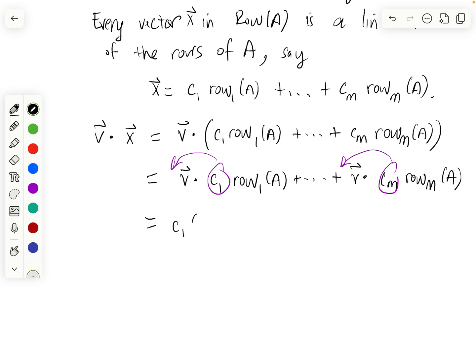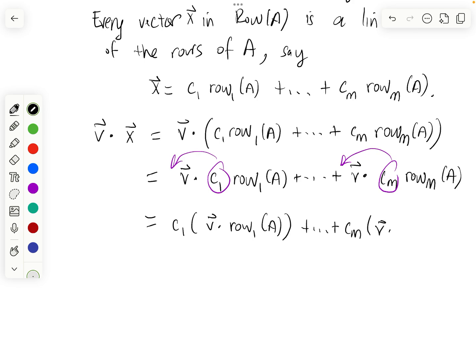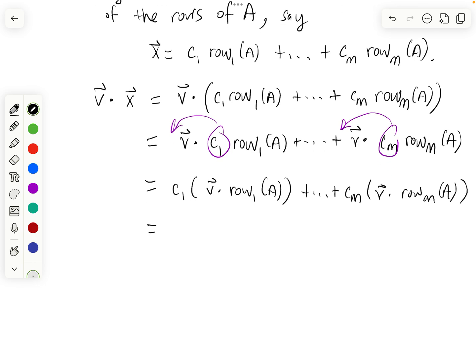So this is C1 times V dot row 1 of A plus dot dot dot plus Cm times V dot row m of A. And since V is orthogonal to the rows of A, each of these dot products is 0. So you just get C1 times 0, which is 0. You're adding 0 a bunch of times, and so you get 0.